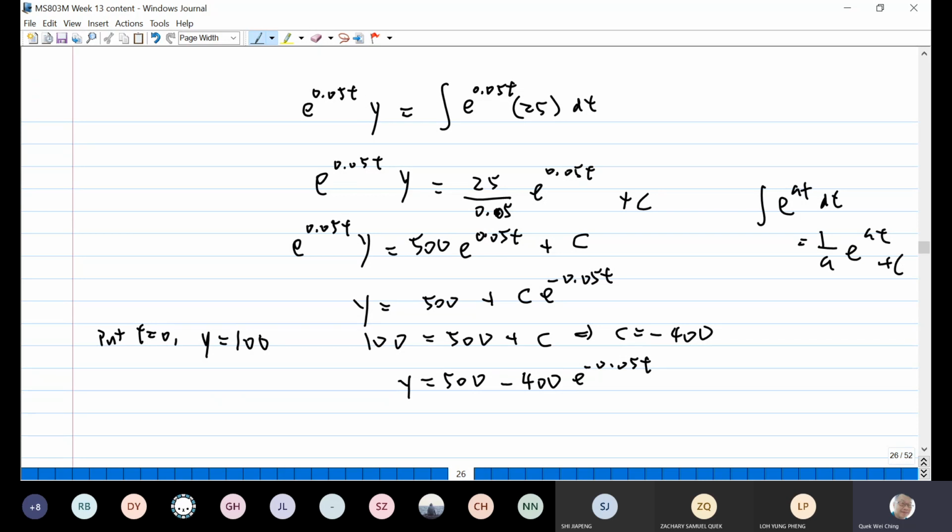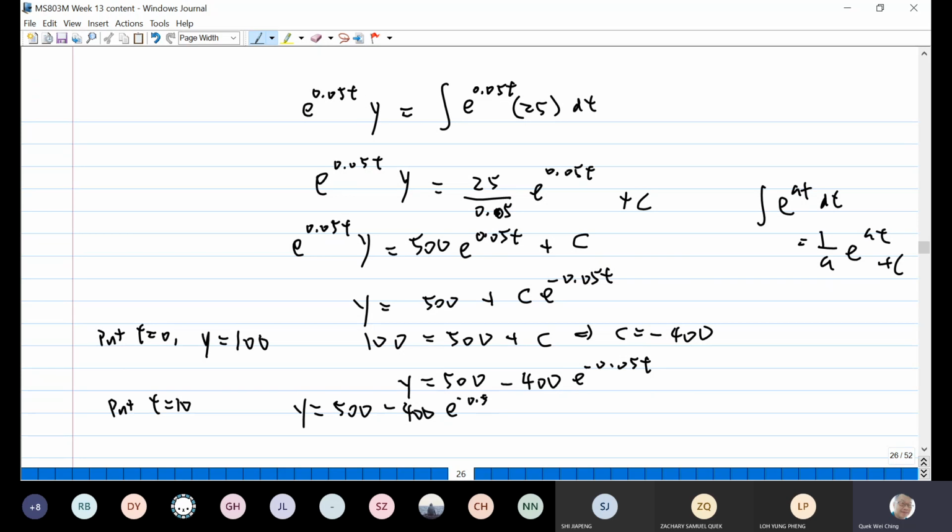Now the question asks, what is the amount of alcohol after 10 minutes? So for part B, put t equal to 10. What is y now? 500 minus 400 times e to the power minus 0.5.